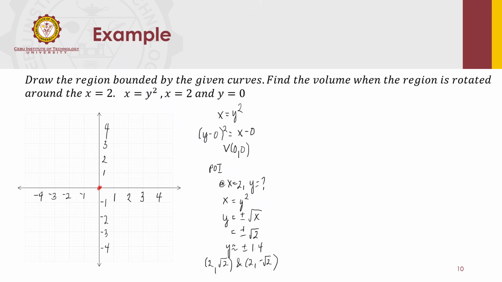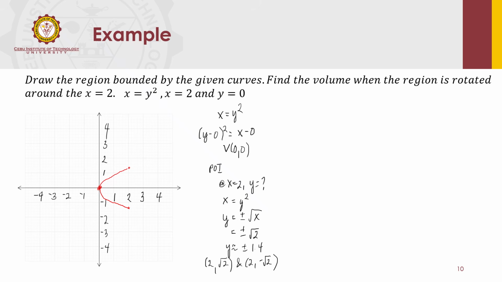So let's plot that. 1.4, approximately here, and then 2, negative 1.4. All right, and then we're going to connect the points using a smooth curve, not a triangular curve, because it's a parabola.